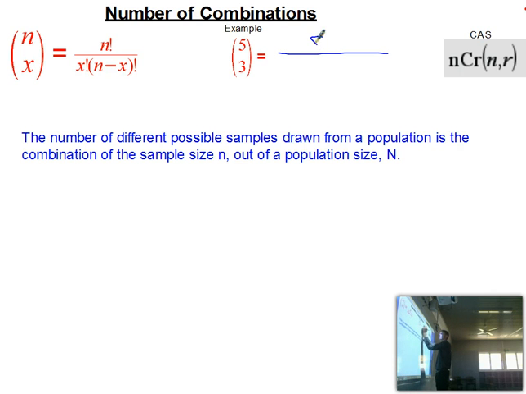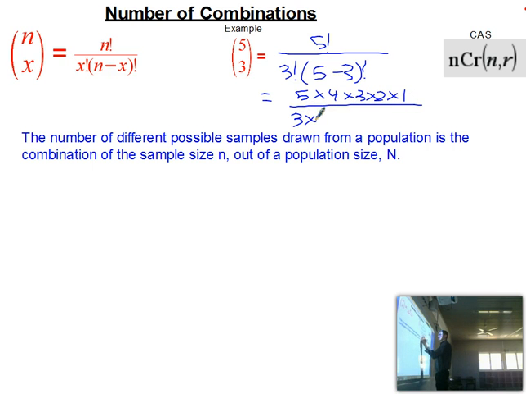So it's 5 factorial divided by 3 factorial, and then 5 minus 3 factorial. So we can see 5 factorial is 5 times 4 times 3 times 2 times 1 over 3 times 2 times 1. That's the whole idea of a factorial. And 5 take 3 gives you a 2, and then we need to think about what's 2 factorial. 2 times 1.